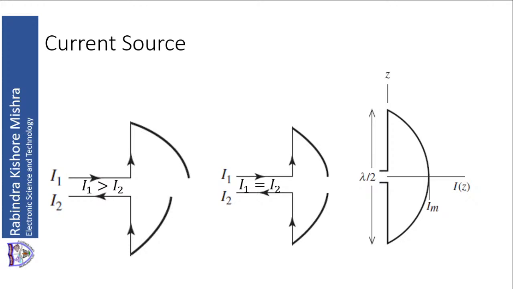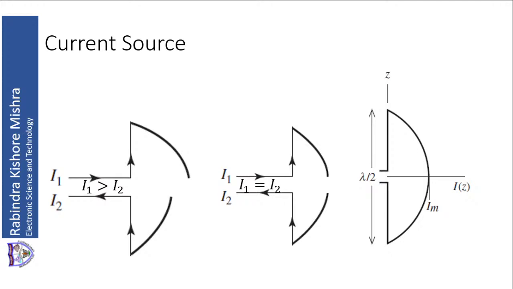So in this case, what we are doing is we are looking at a half wave dipole antenna. Therefore, length of the current element is lambda by 2, which is the last figure on the right hand side. So length of the dipole is lambda by 2. As we discussed earlier, along the length current will be distributed. At the ends the current should be 0.